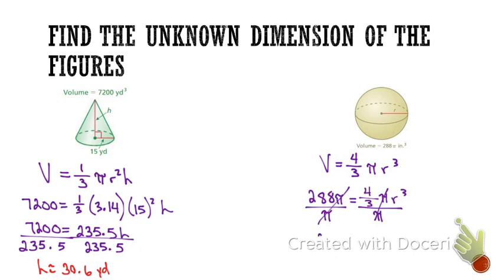So now you have 288 equals 4/3 r to the third power. So now the whole 3.14 and multiplying and all of that, it's irrelevant. Now, if pi is not over here, then I've got to plug in 3.14 and do my multiplication. So it almost makes it easier because you can kind of just cancel it out.